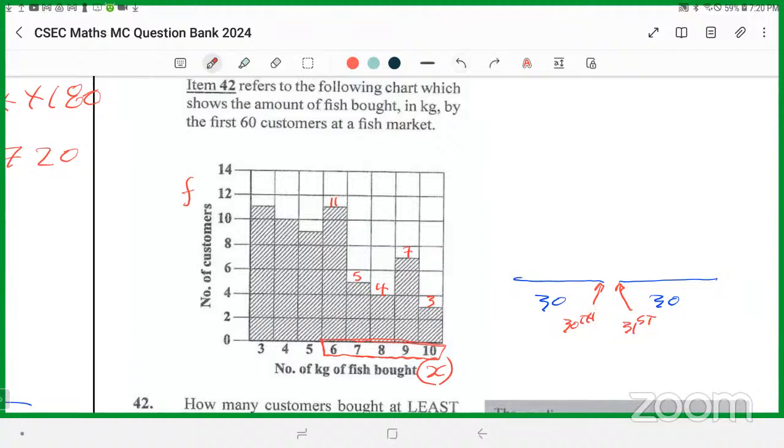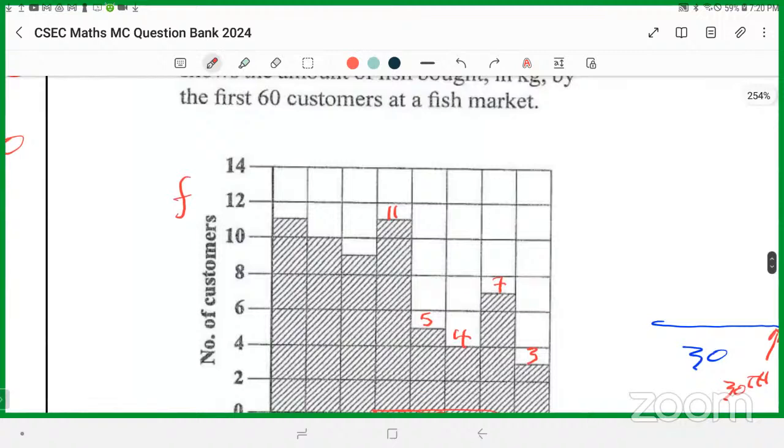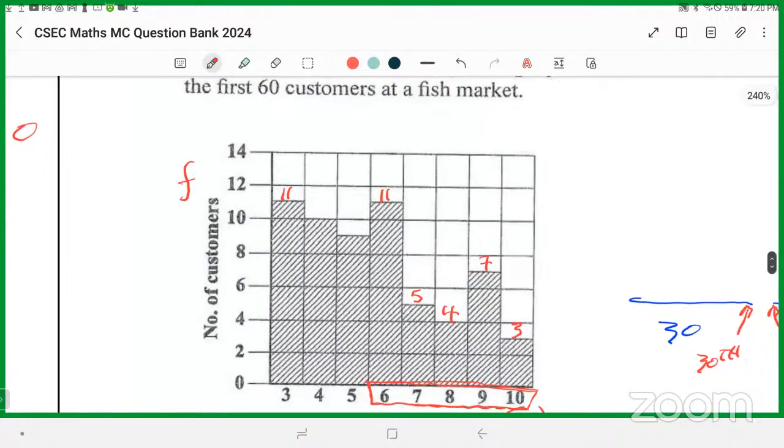All right, so the data is in ascending order this way. See there, 3, then 4, then 5, then 6. And you have to add up the number of persons until you reach the 30th and the 31st person. So here we have 11 persons. Then here we have 10 persons. Then here we have, how much is that? 9.